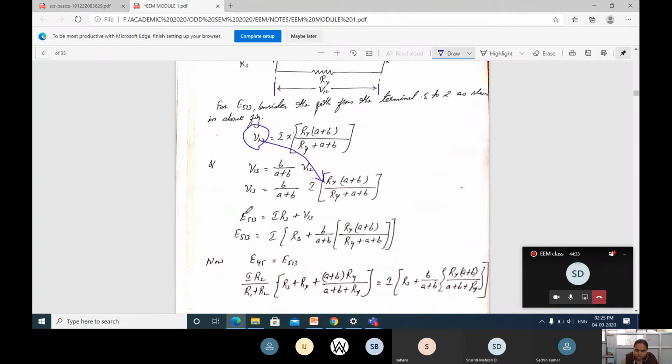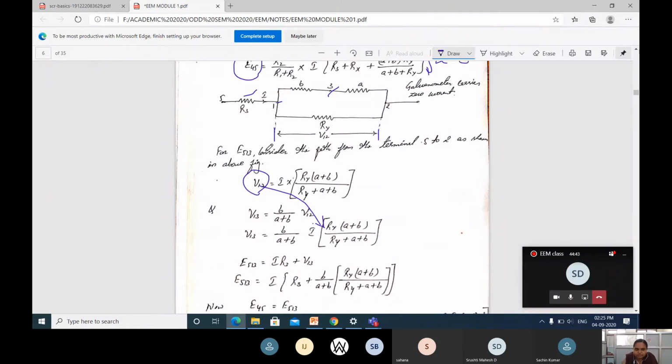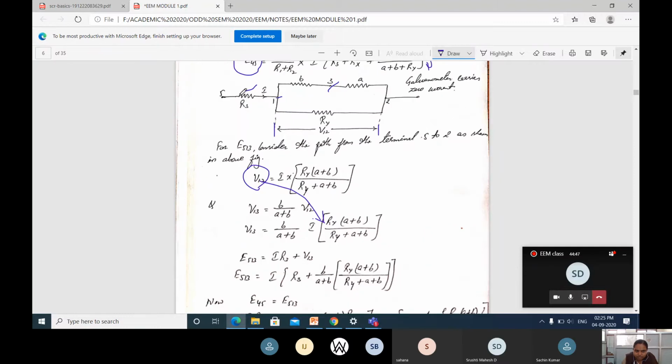Then potential across E513 is equal to, this we came across of the whole path. Then we have to add to that path, meaning I R3, I the current flowing through resistance R3, plus the V13.